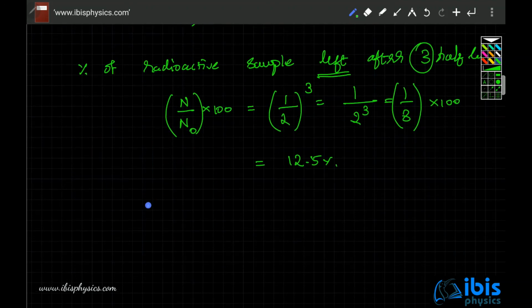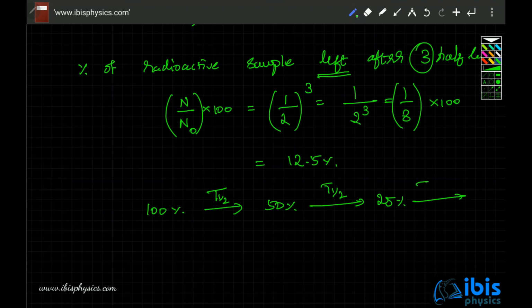How is that? Suppose you start with 100 percent of the sample. Then after 1 half-life, the remaining will be 50%. Then after 1 more half-life, remaining will be 25%. Then after 1 more half-life, percentage left will be 12.5%.